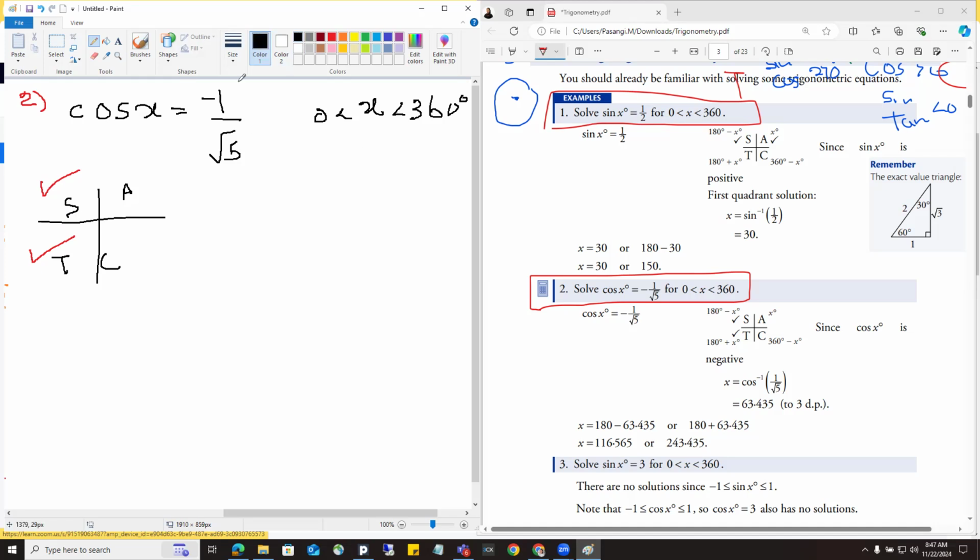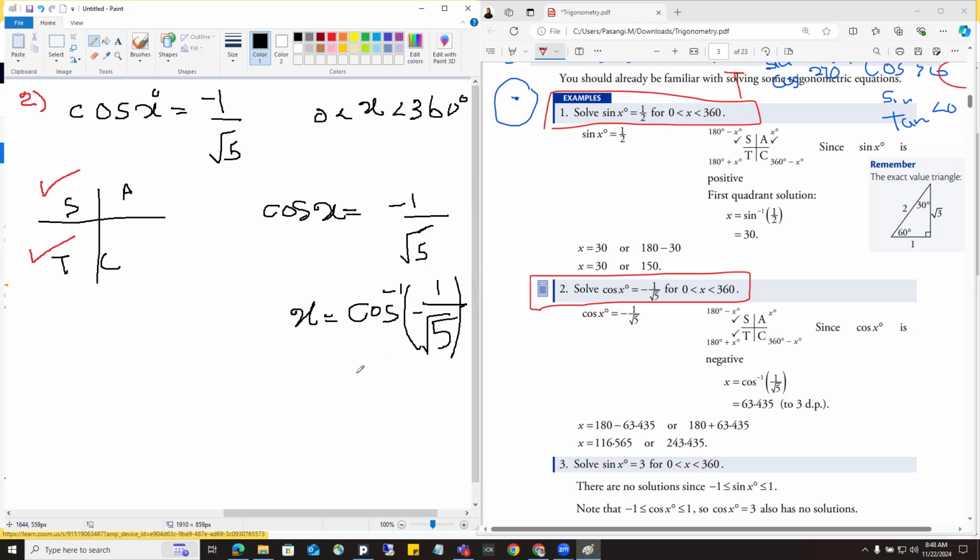Anyway, we can solve this one. That is cos x equals minus 1 over square root 5. Then we can find the value of x, that is cos inverse of minus 1 over square root 5.